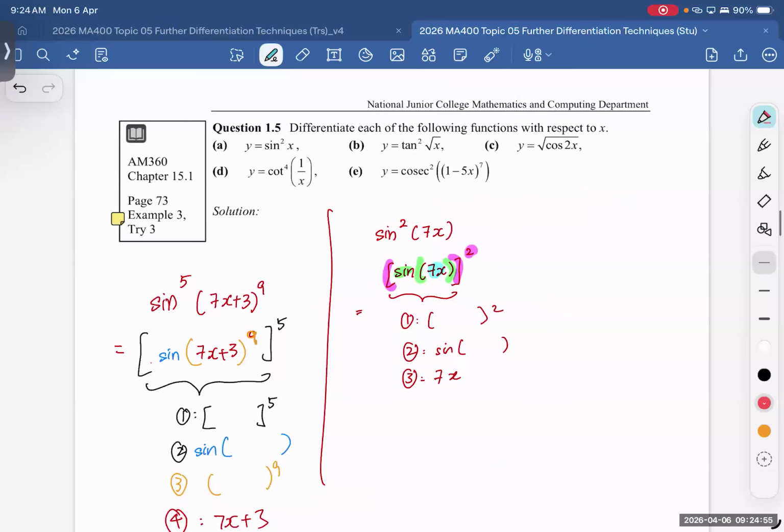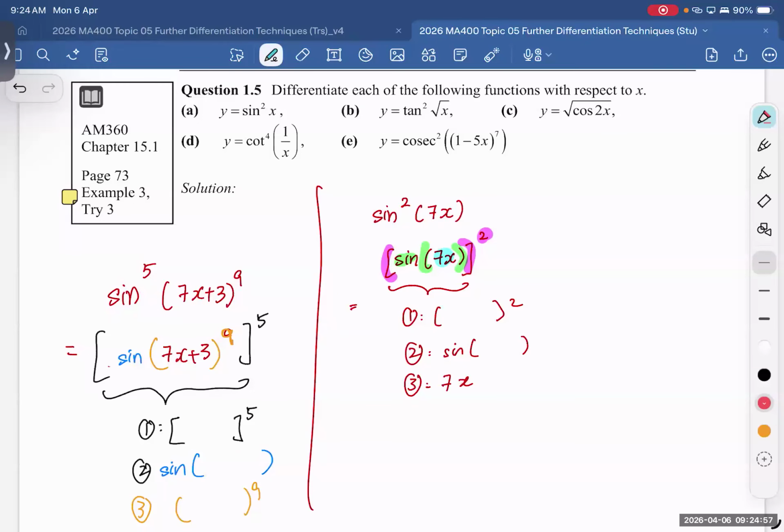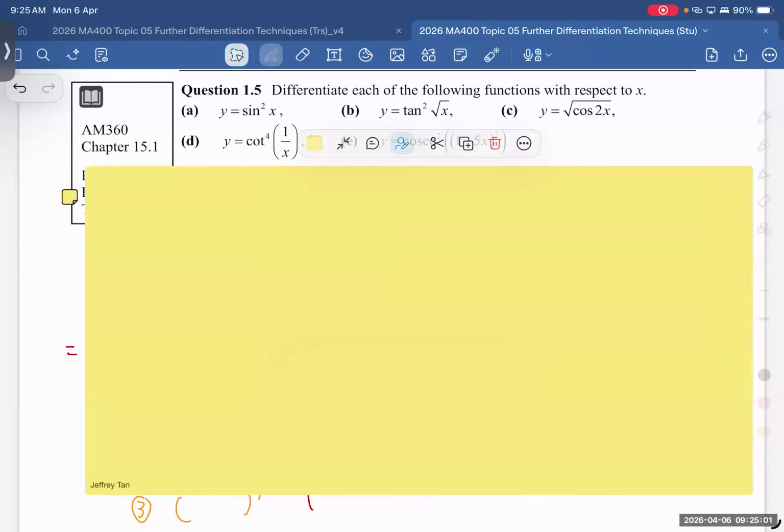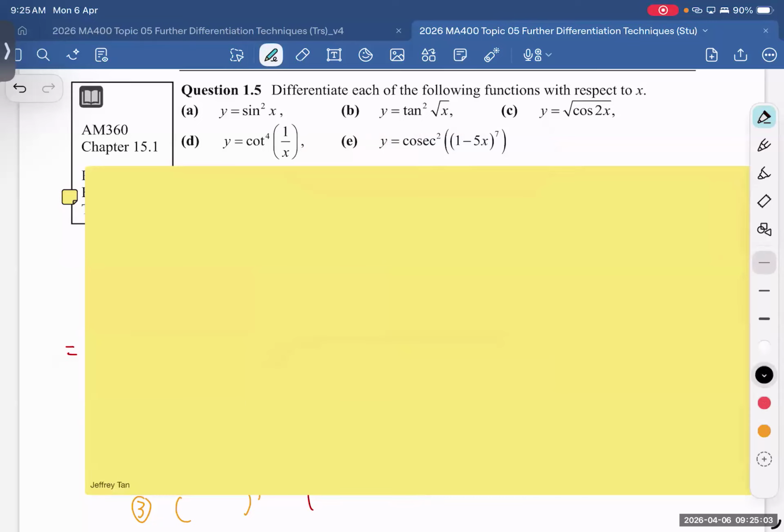So if I look at B, maybe can I look at it this way? I look at it as y equals to tangent x to the power half, the whole thing to the power of 2. Possible?